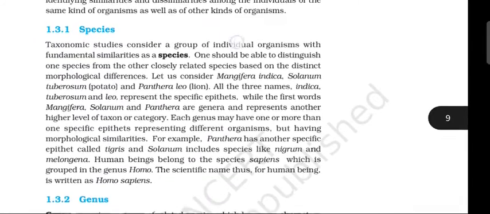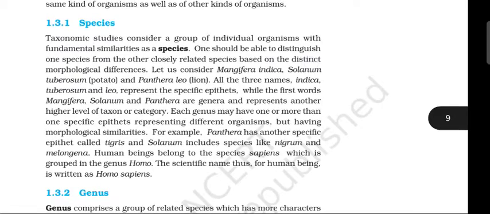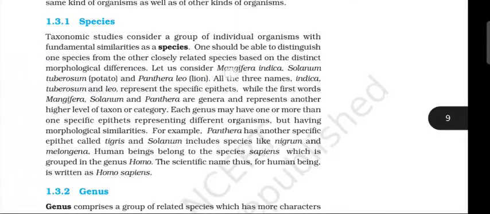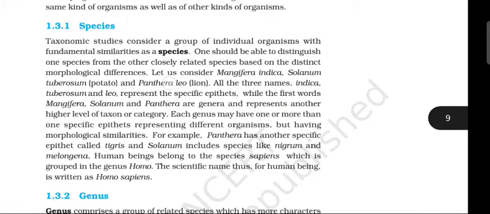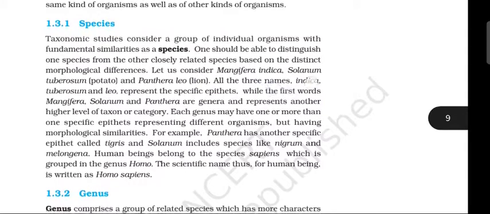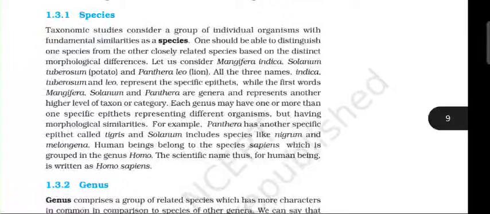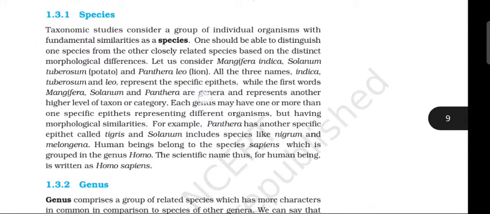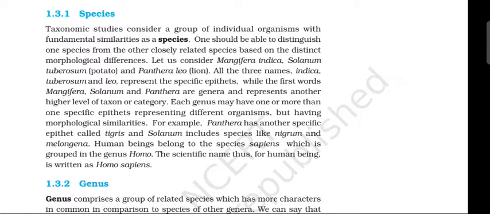Taxonomic studies consider a group of individual organisms with fundamental similarities as a species. One should be able to distinguish one species from other closely related species based on distinct morphological differences. Let us consider Mangifera indica, Solanum tuberosum, potato, and Panthera leo, lion. All three names, indica, tuberosum, and leo, represent the specific epithet, while the first words Mangifera, Solanum, and Panthera are genera and represent another higher level of taxon or category.